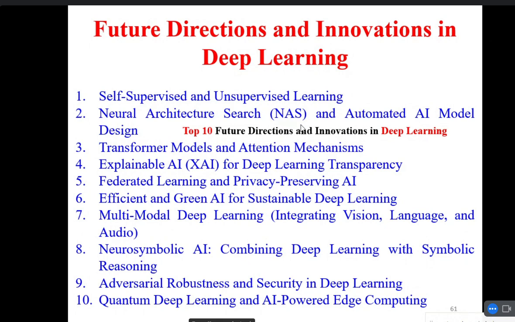Third one is transformer models and attention mechanisms, explainable AI, XAI for deep learning transparency, federated learning and privacy preserving AI, efficient green AI for sustainable deep learning, multimodal deep learning that is integrating vision, language and audio, neurosymbolic AI combining deep learning with symbolic reasoning, adversarial robustness and security in deep learning, quantum deep learning and AI powered edge computing. These are the top 10 future directions and innovations in deep learning.